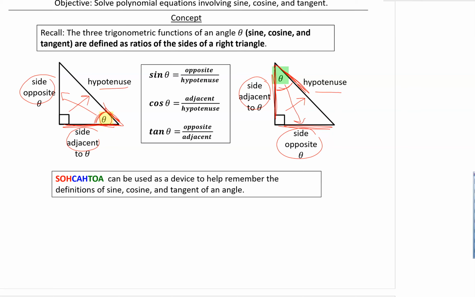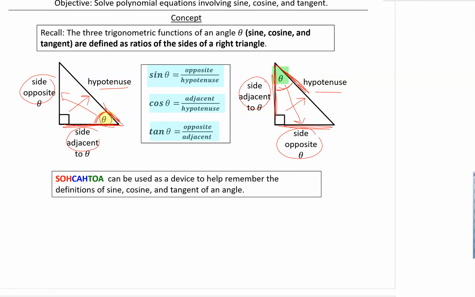Once we have our three sides labeled, we need to know, based on the information we have, which two sides we have, and whether that is a sine, cosine, or tangent ratio. Sine of an angle is side opposite over hypotenuse. Cosine is side adjacent over hypotenuse, and tangent is side opposite over side adjacent.